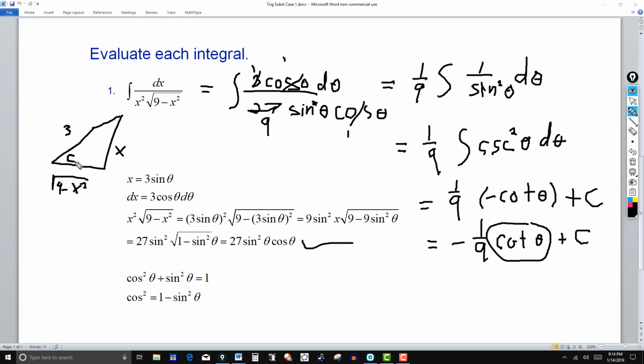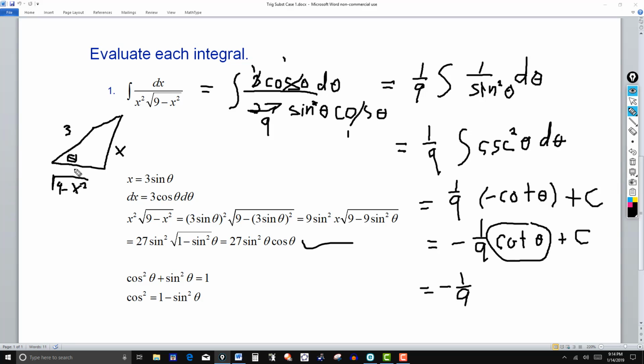So all I have to do then is say, okay, I want negative 1/9, and I want the cotangent of theta. So you go to this triangle here and say, okay, cotangent of theta is the adjacent side over the opposite.